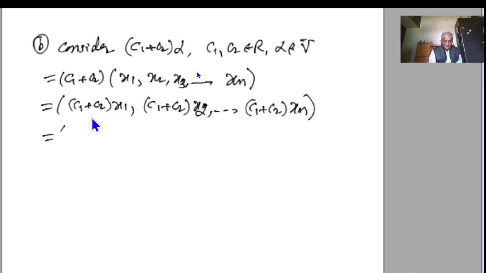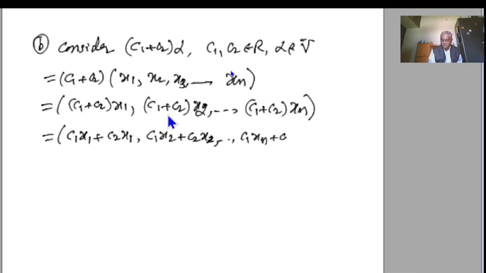This can be written as c1x1 + c2x1, comma, c1x2 + c2x2, comma, and the last one as c1xn + c2xn.